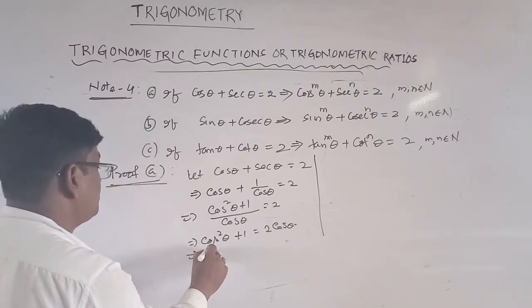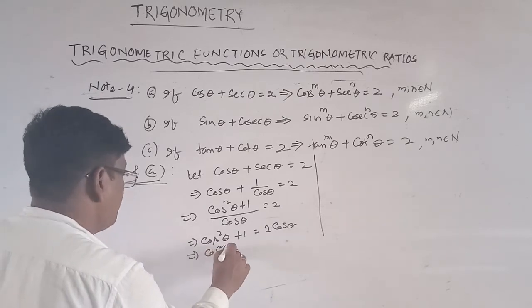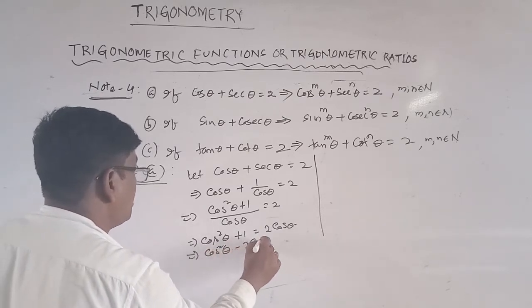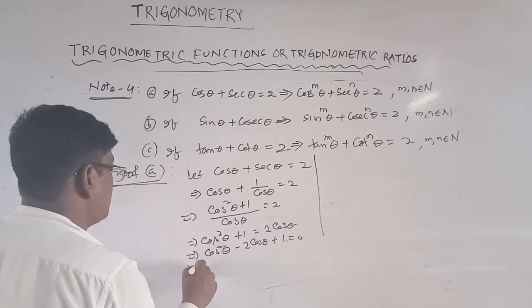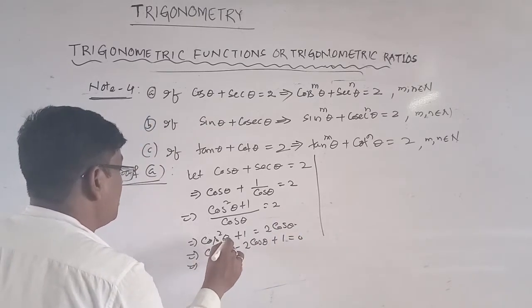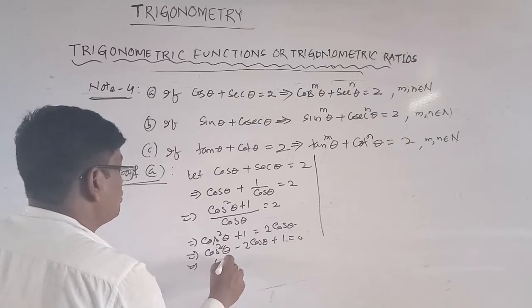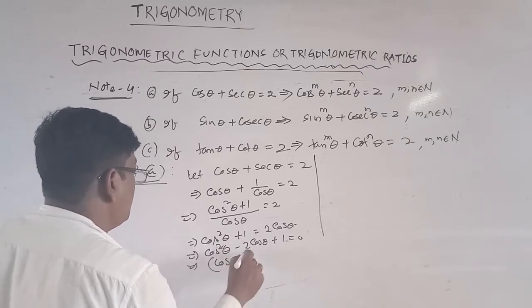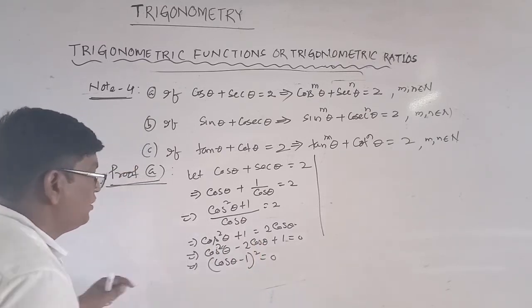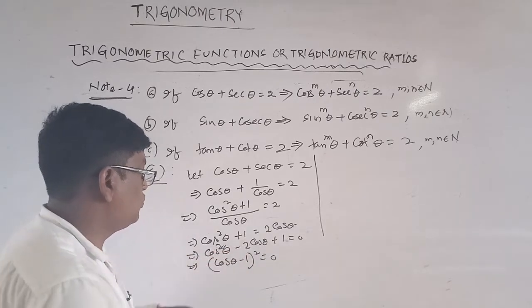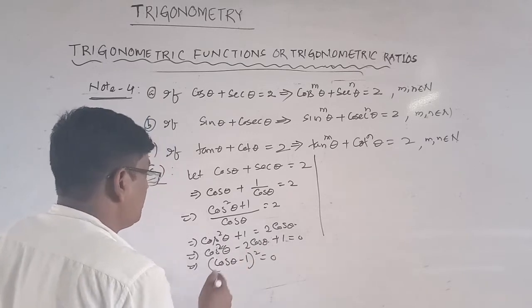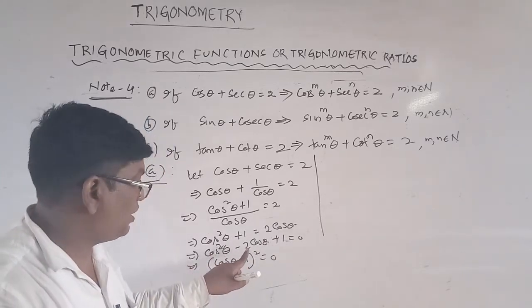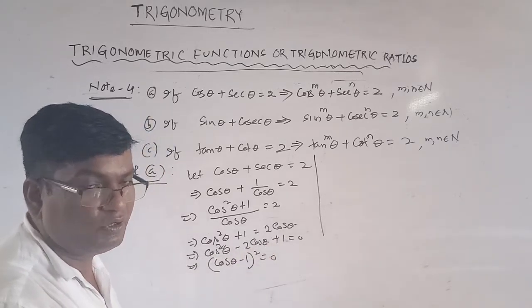So cos square theta minus 2 cos theta plus 1 is equal to 0. This is equal to cos theta minus 1 whole square is equal to 0. We can write a square minus 2ab plus b square as a minus b whole square.